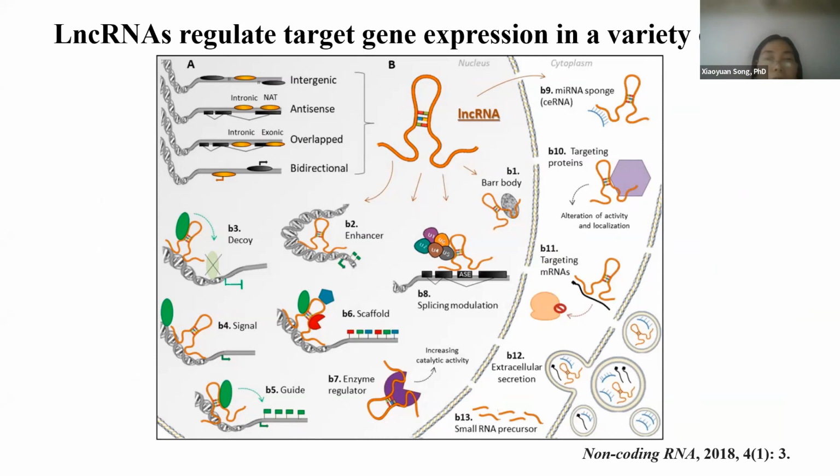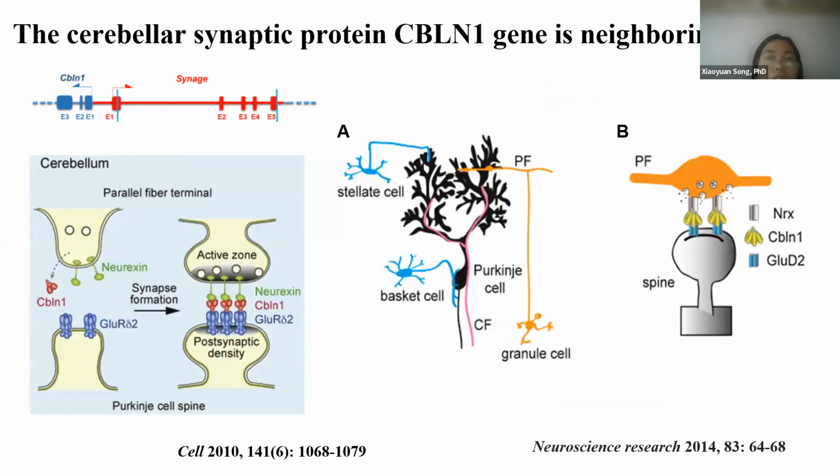First, we checked the expression level of Cbln1, which is next to Synage and encodes a synaptic protein in the cerebellum. It is very important for synapse formation in the cerebellum, especially for the synapses formed between the parallel fibers and the Purkinje cells.